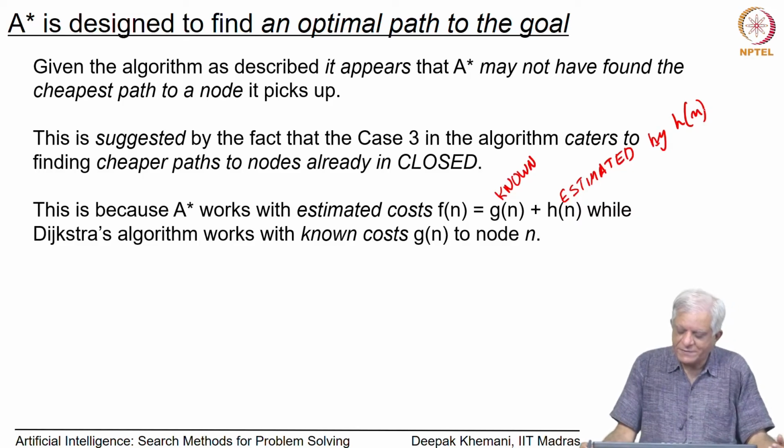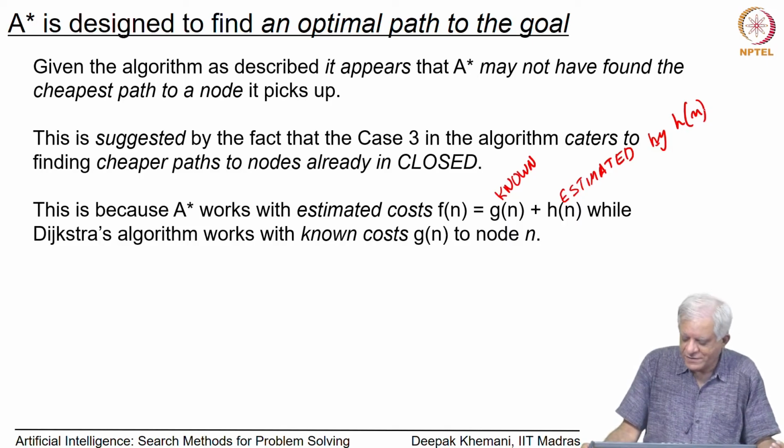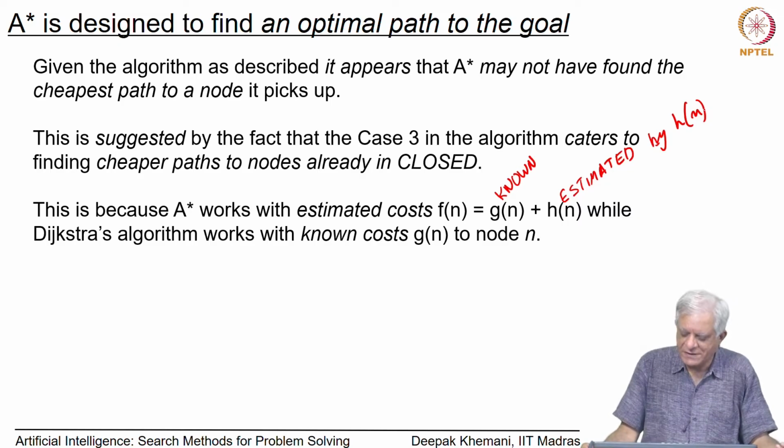That is because the algorithm picks nodes not based on the value of g of n, which is what branch and bound or Dijkstra would have done, but based on f of n, which incorporates the heuristic distance h of n, which is not necessarily a perfect way of estimating the cost. It is just a function that we have used to try and speed up the algorithm.